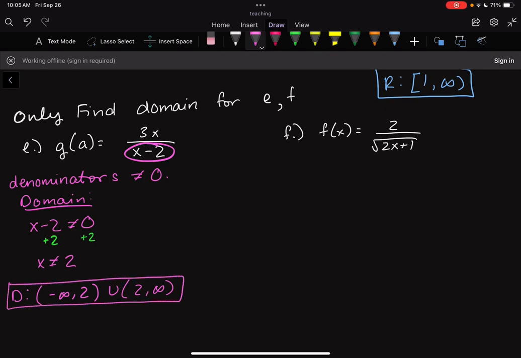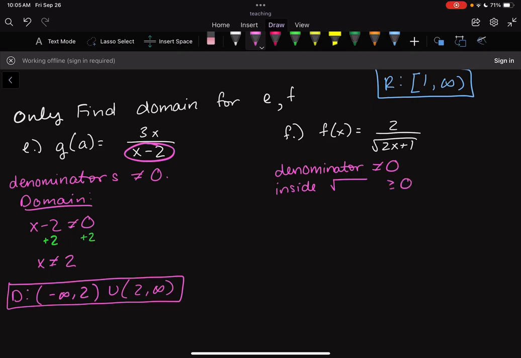Now for part F, this one kind of puts it together. So we have to think about multiple restrictions happening. So one, denominators can't be 0. So I'm going to write that here. So denominators can't be 0. And then also we have a root. So inside of a square root has to be greater than or equal to 0.